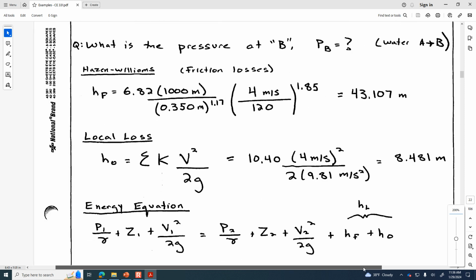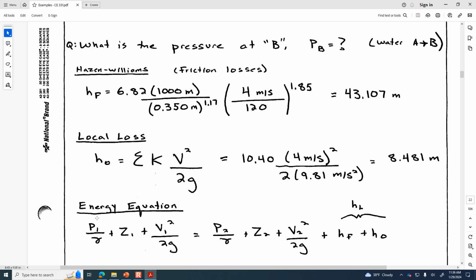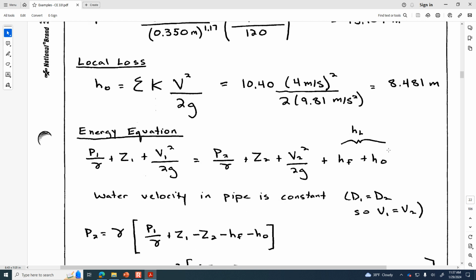So the energy equation here, we know the pressure, the elevation, the velocities. We know the elevation at 2. We know the head losses. The only unknown in this equation is going to be P2. So rearranging that equation to solve for P2, we've got the unit weight on the outside of this expression, and then on the inside, we're saying the energy at 1 minus all of the things that are reducing the energy between 1 and 2.